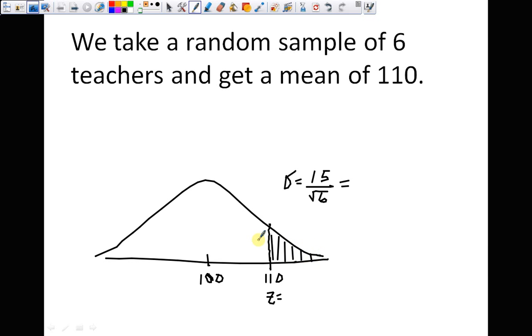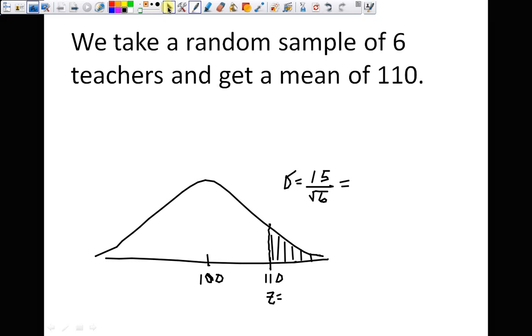What's the likelihood, if the true mean really was 100, that you got a sample mean of 110 or more? If the true mean of the teachers' IQ scores really is 100, how likely is it that you sampled 6 people and got a mean of 110? And that's what you'll be finding with this probability. Once you find your standard deviation, you can find your z-score and find that.